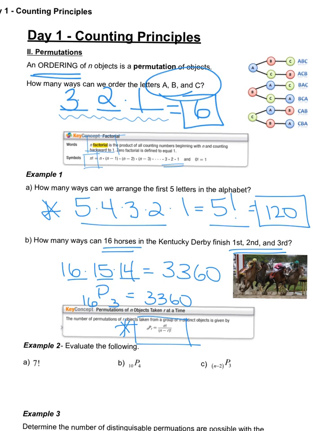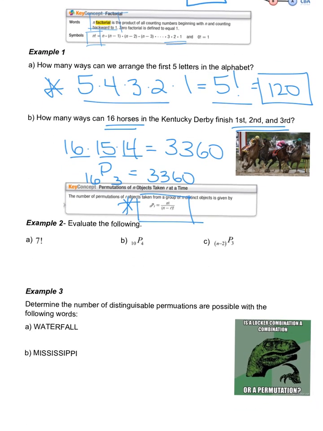Today, you're going to have a few opportunities to actually write things out. So when you see a factorial in your assignment, 7 factorial doesn't mean just 7. We actually want you to write it out and show us what that means. So write it out and then give us your answer. When we're looking at permutation notation, it's super important to write as well.